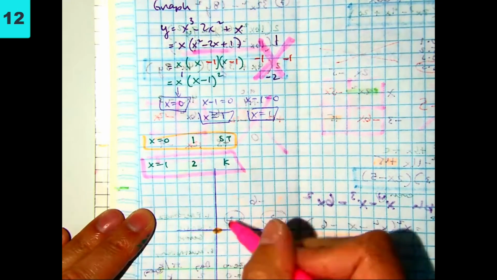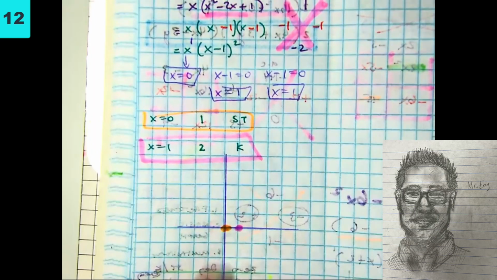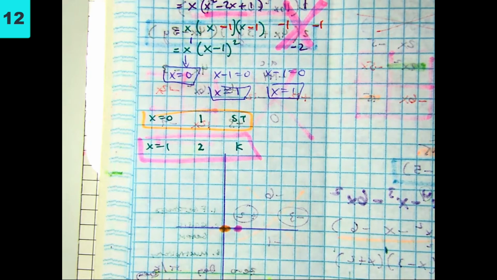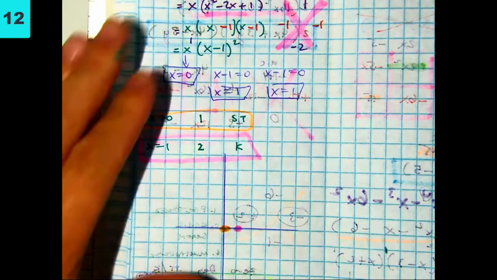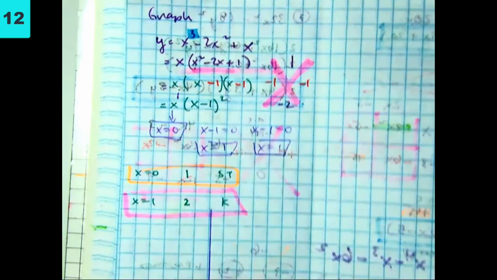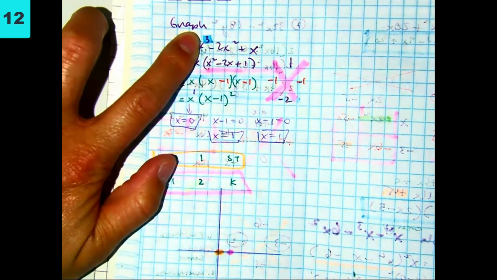Your end behavior is, Mary Grace, what type of polynomial do we have here? Cubic. How does it start and how does it end? Odd. So what's the easiest odd? Linear.